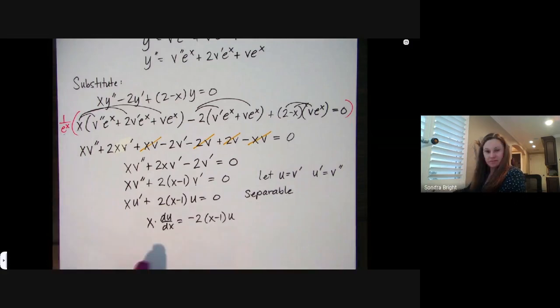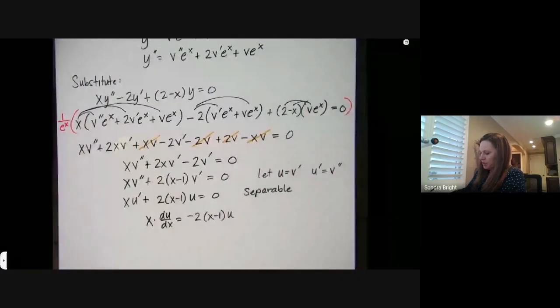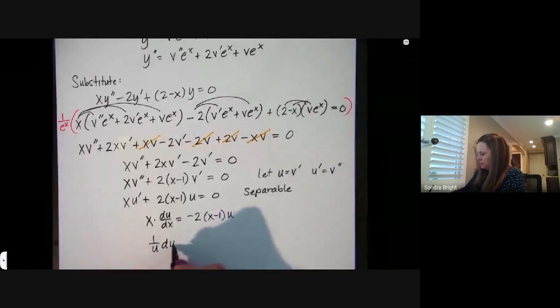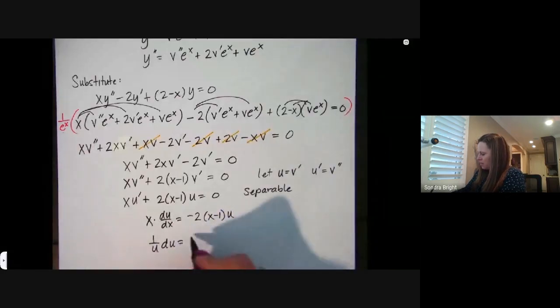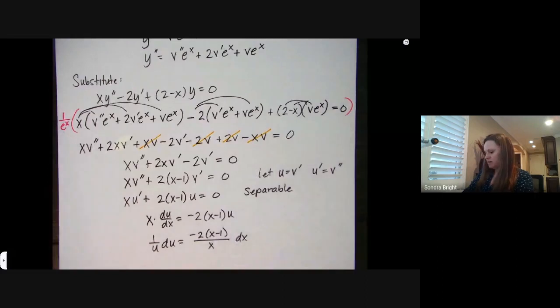I'm getting all of my x's over on the right and all my u's on the left. So it would be 1 over u du equal to negative 2 times (x minus 1) over x dx. No? Well, I guess I really shouldn't have factored out the 2, because do you see that?